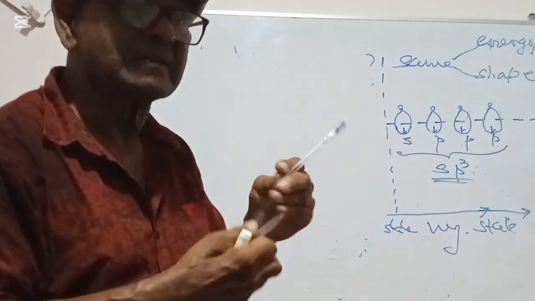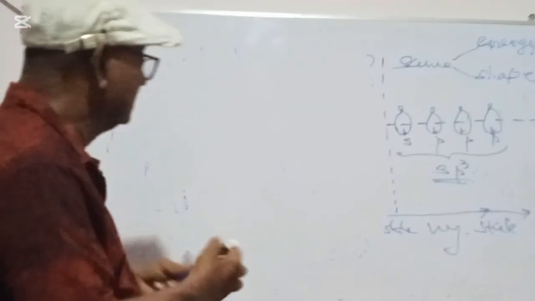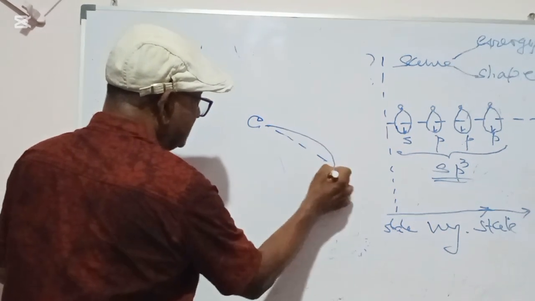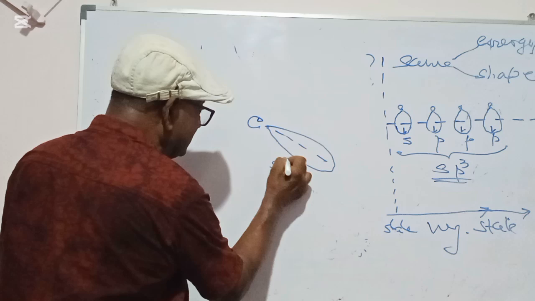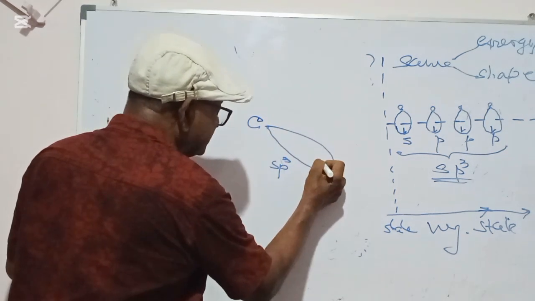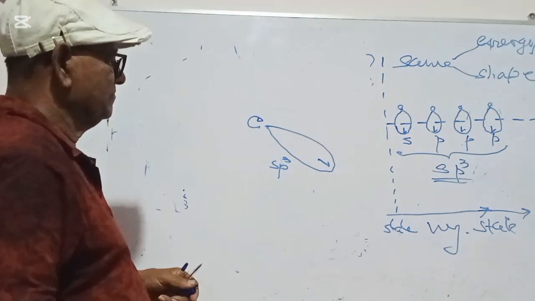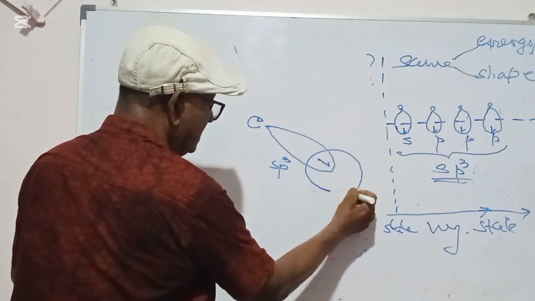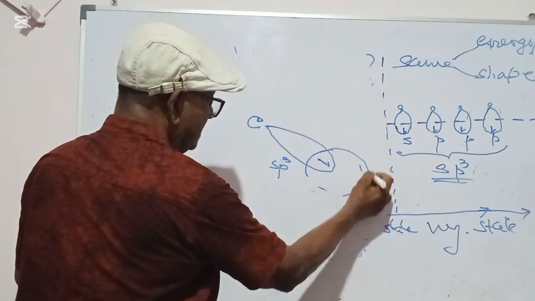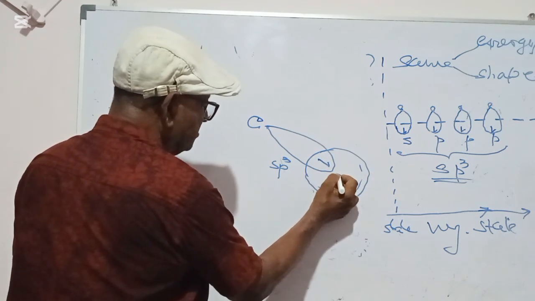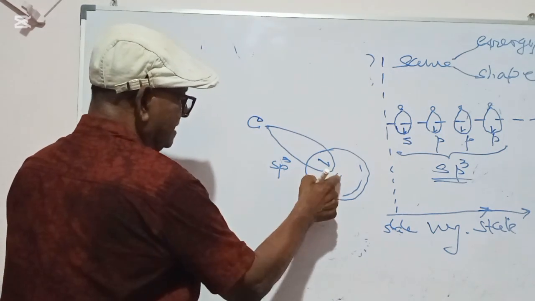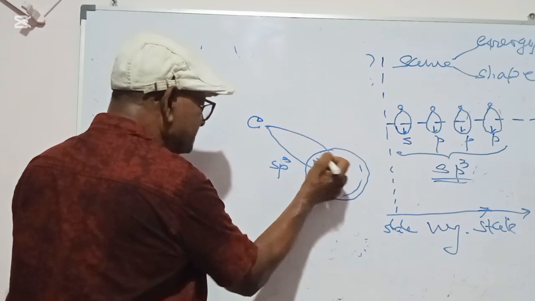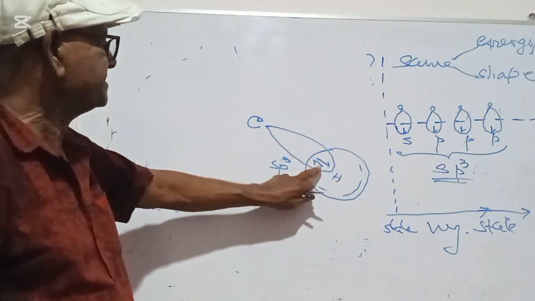I'll draw here one orbital, one covalent bond. This is the carbon atom. This is an sp3 hybridized orbital. It has an electron. When hydrogen comes here, like this, this is the nucleus of hydrogen. The electron of hydrogen is shared with the hybridized electron of carbon, forming a shared electron pair.